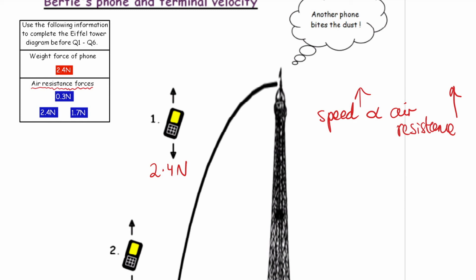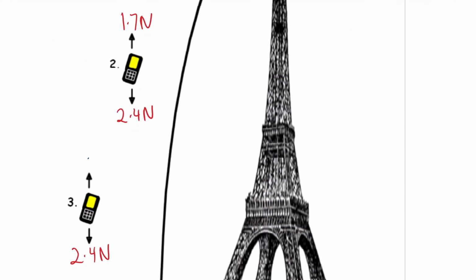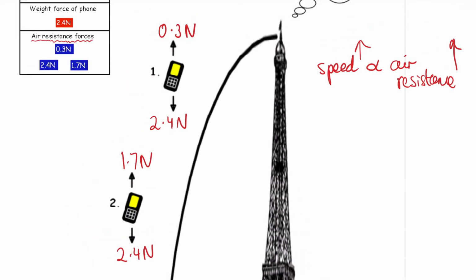Therefore, the lower speed will be at the start of the journey. Therefore, this is 0.3 newtons, 1.7 newtons, and therefore 2.4 newtons. If we were now to work out the resultant force, number 1 is 2.4 take away 0.3.